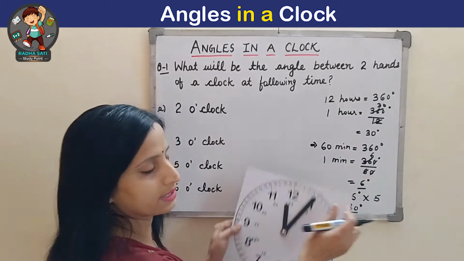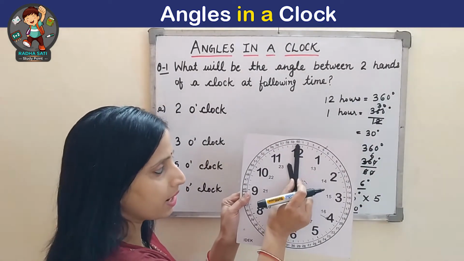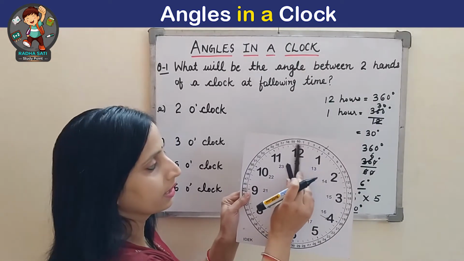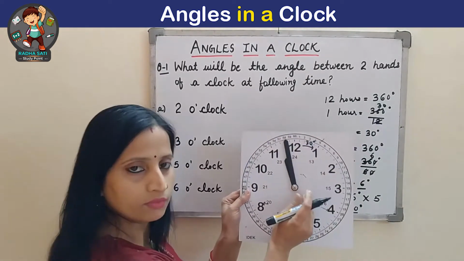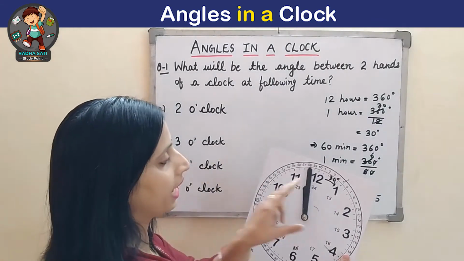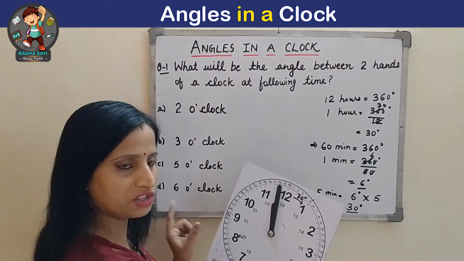So both the hands, whenever going from one number to another number, form an angle of 30 degrees. Now with the help of this, we will solve these questions.